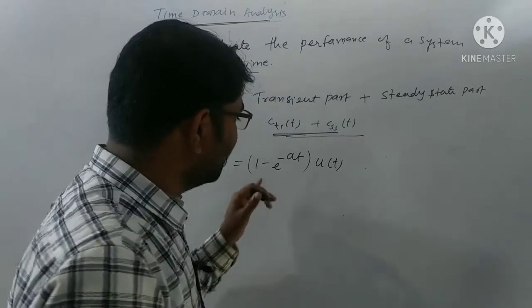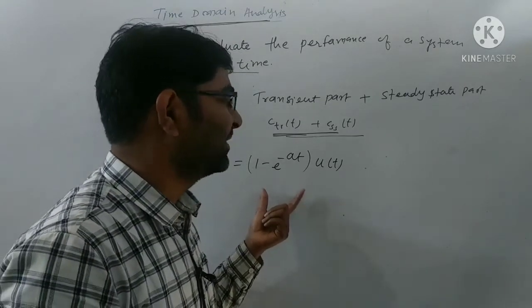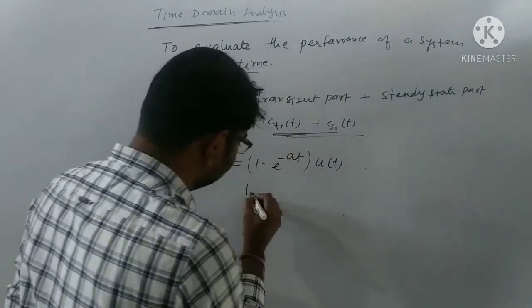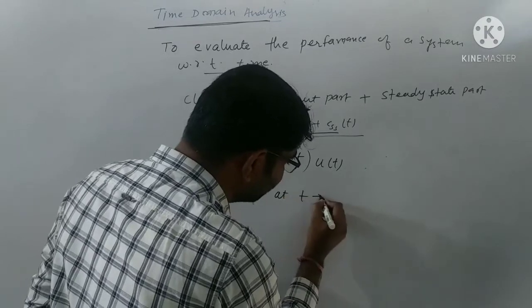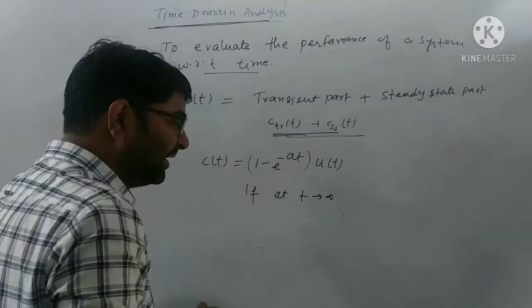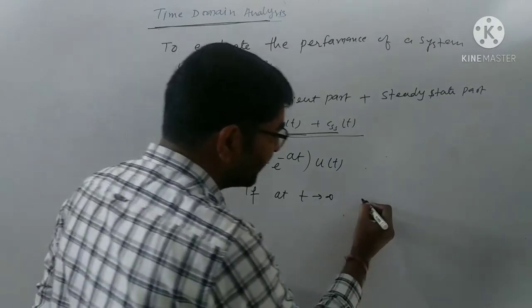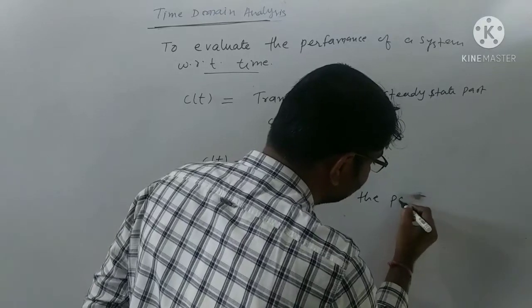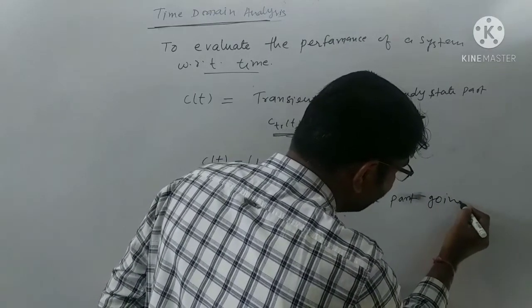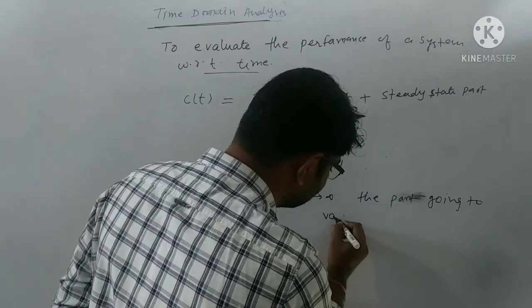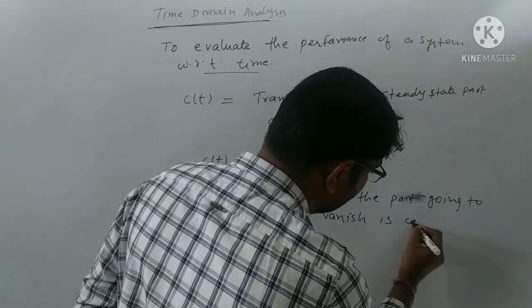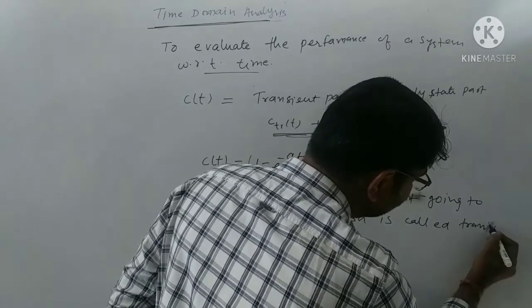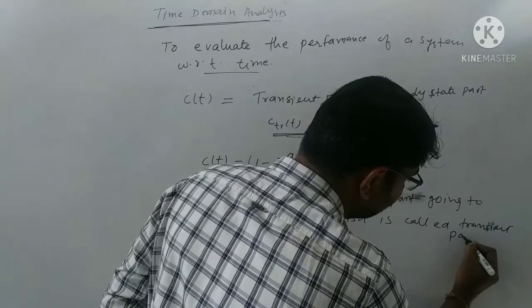To find its transient and steady state parts, as t approaches infinity, the part going to vanish is called the transient part.